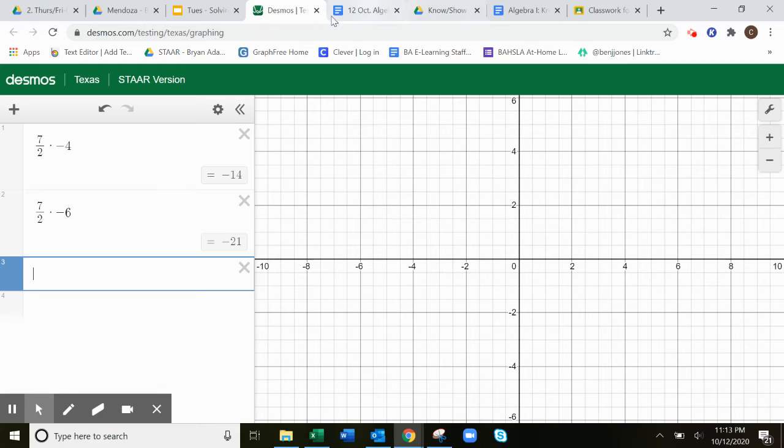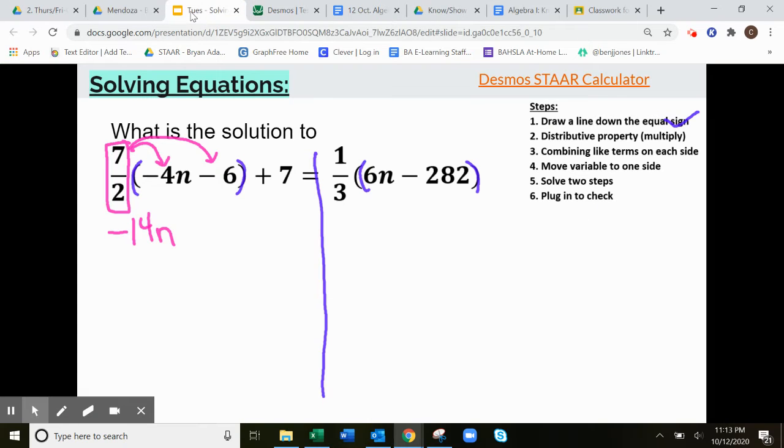And then we get that that's 21. So because we have a negative times a positive, we're going to put minus 21. And then we're just going to drop down to plus 7. All right, now let's look at the next slide.